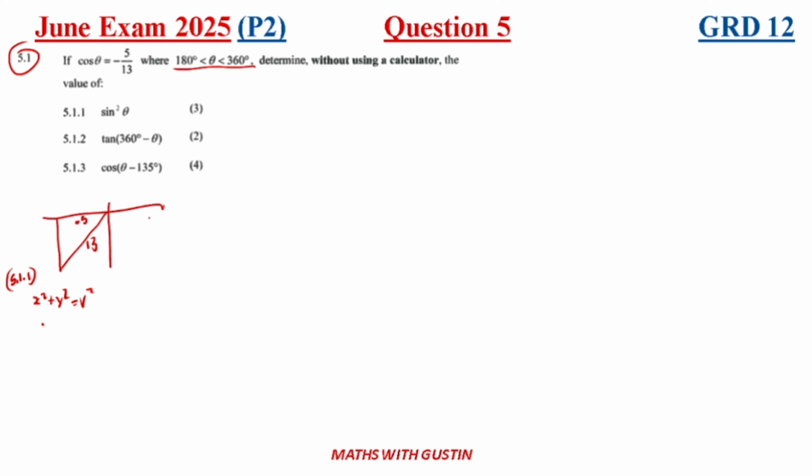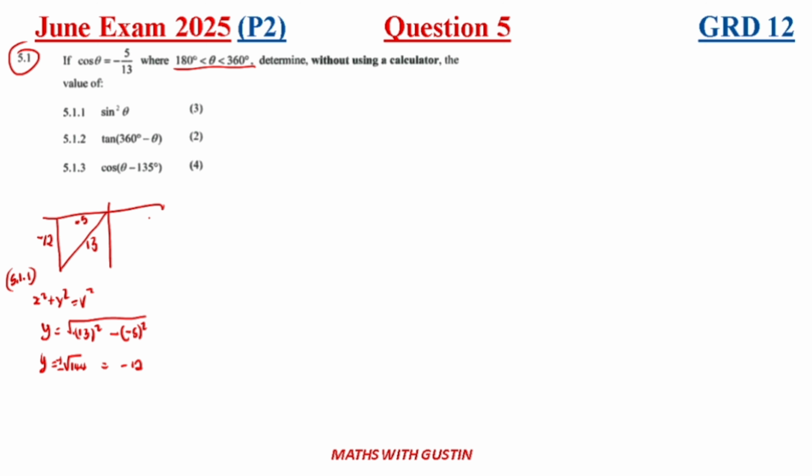Okay, so y is going to be the square root of, I'm already taking the x to the other side, 13 squared minus x, which is negative 5 squared. And then this will have to be the square root of 144, which is 12. Plus or minus, it's going to be negative 12, guys, because we are on the third quadrant, so negative 12 there.